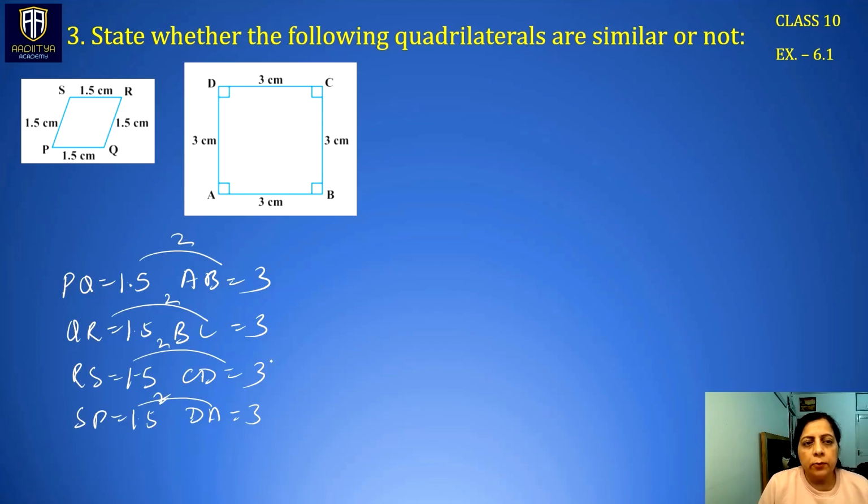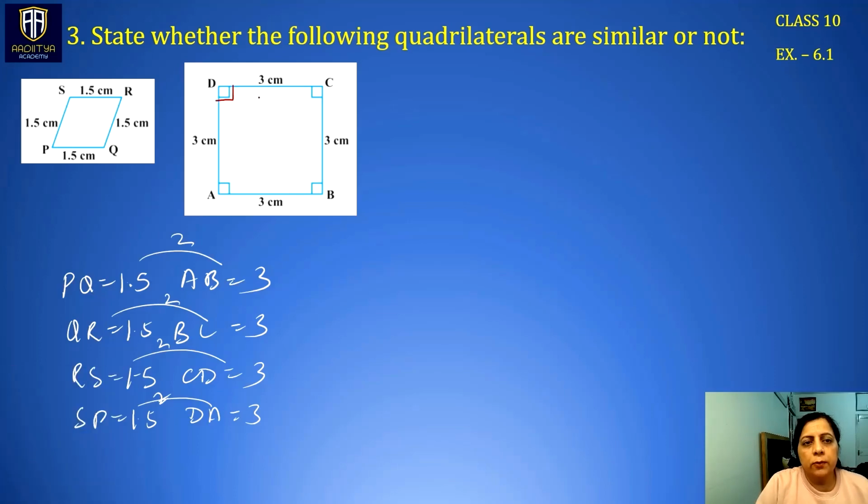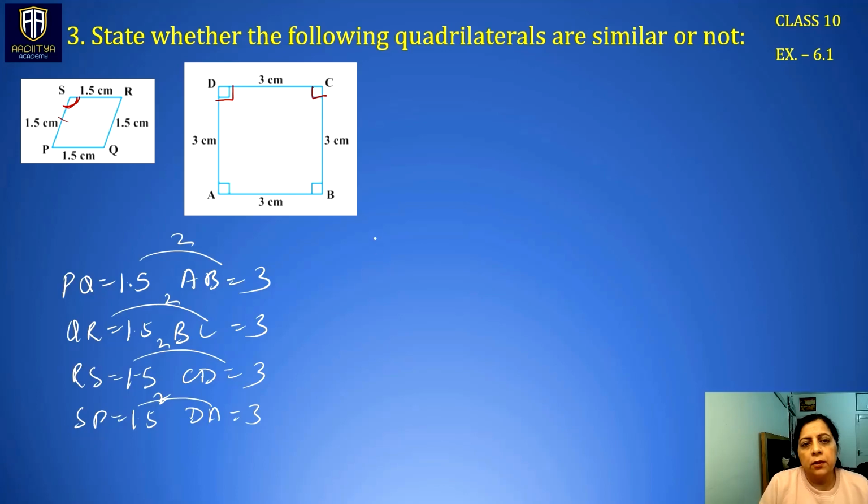So sides are proportional, but you can see that the second case is a case of a square, as we have 90 degrees over here, but this is the case of a rhombus, and I have already given you an example that a rhombus and a square are non-similar figures, because in the case of a rhombus angles are never 90 degrees. So these are the examples of non-similar figures.